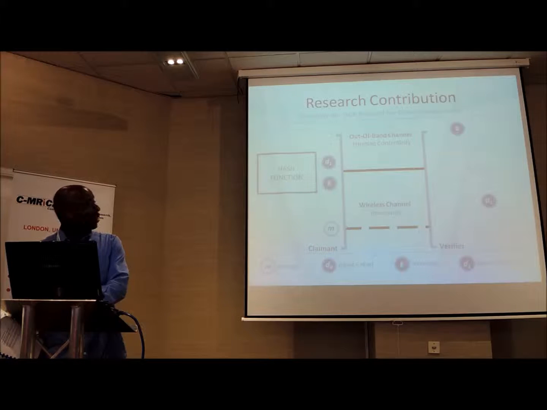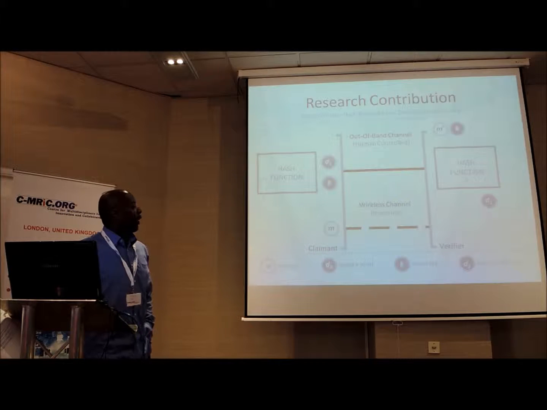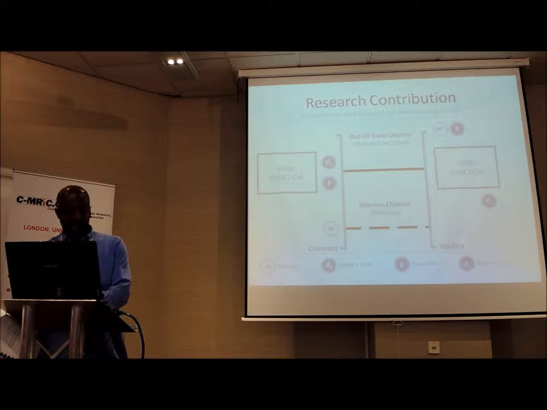Let's go back one, I've gone slightly too quick. Right, so the claimant sends the key, followed by the digest, and the message itself, and then at the other end, the recipient or the verifier has to then authenticate this information. So effectively what they do is they repeat the process.